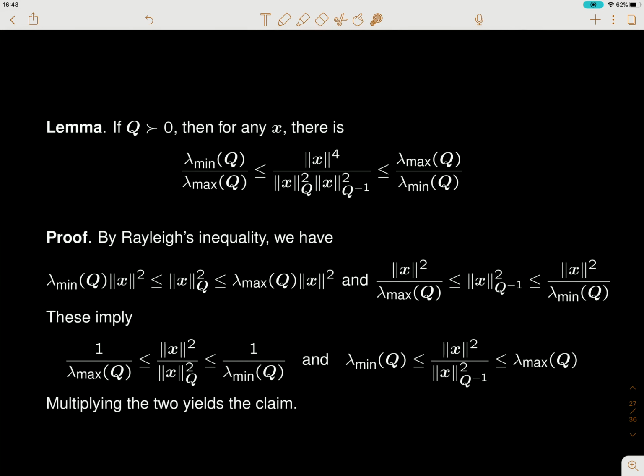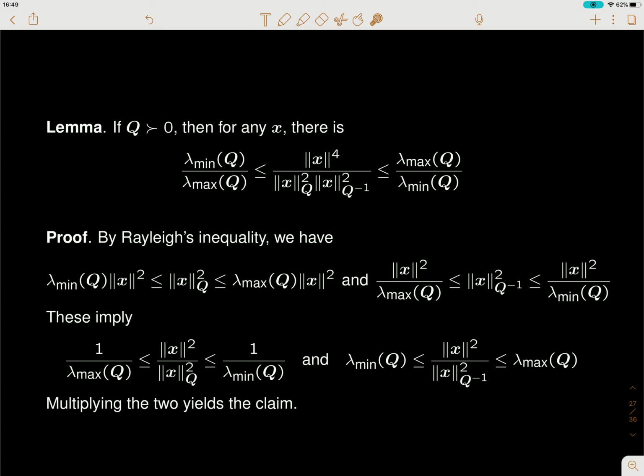So 1 over lambda max of Q is just the smallest eigenvalue of Q inverse, and 1 over lambda min of Q is just the largest eigenvalue of Q inverse. So we just apply Rayleigh's inequality to Q inverse, and recalling the relation between the eigenvalues of Q inverse and Q, we get this.